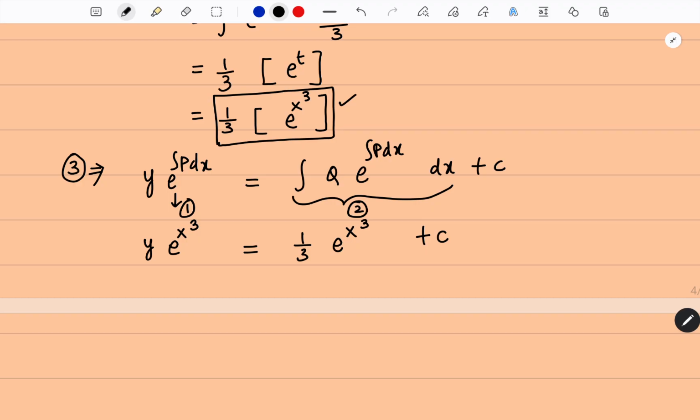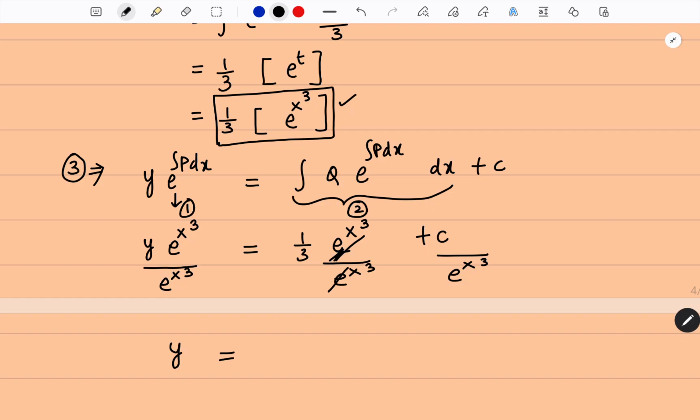Now I told you almost all the questions give the solution as y is equal to. So I need to give y is equal to. It means I have to divide by e power x cube throughout. So this is equal to y, and this e power x cube gets cancelled.